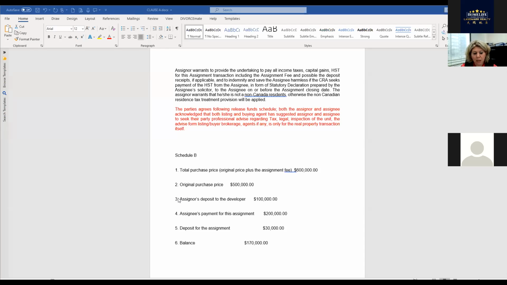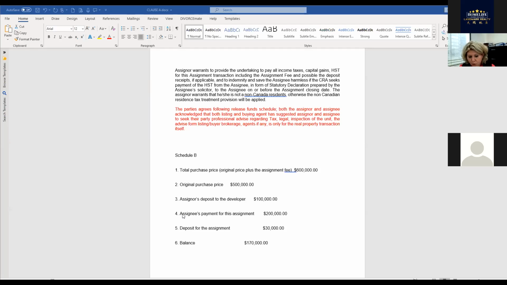Number 3, I will write the deposit, whatever the assignor has paid to the developer. Be careful. In Schedule B, if you represent the assignee, you have to request that the assignor break down whatever payments were already made to the developer. Okay, I want to know what this 100,000 means. Is it payment for locker, for occupancy fee, for what?